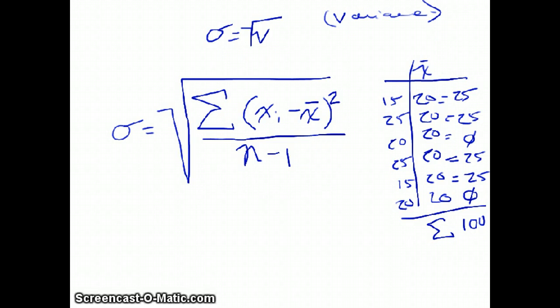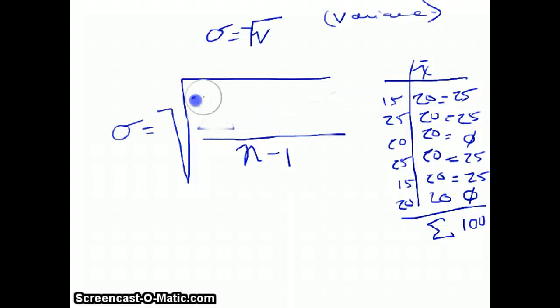Okay, so let's go back to our formula. We can plug and chug. We know that the sum of the squares of the differences of each of our observations from the mean is none other than 100. And we also know that there are 6 observations, so 6 minus 1 turns out every time you do the calculation is 5.